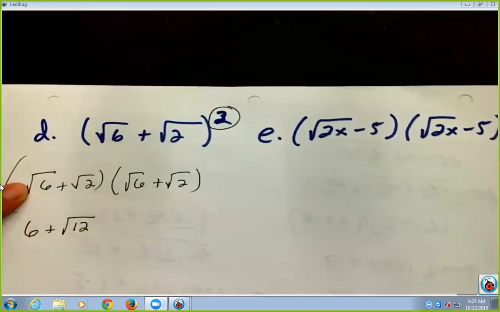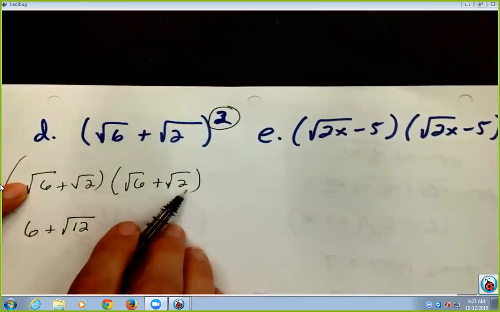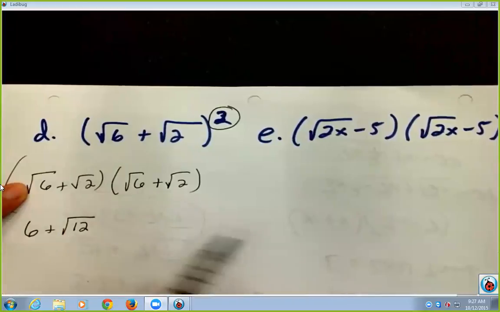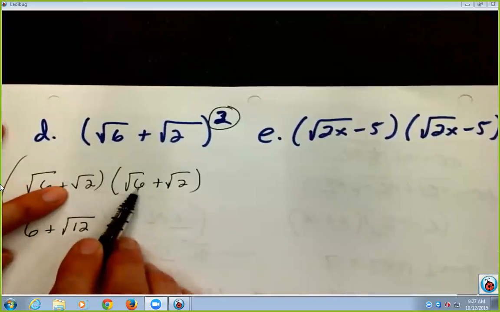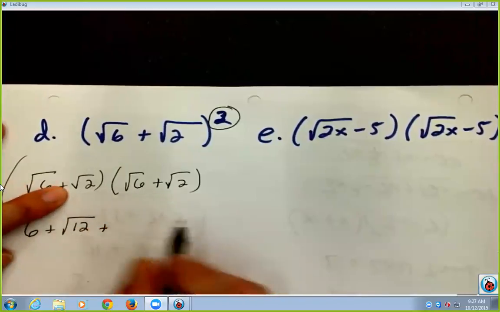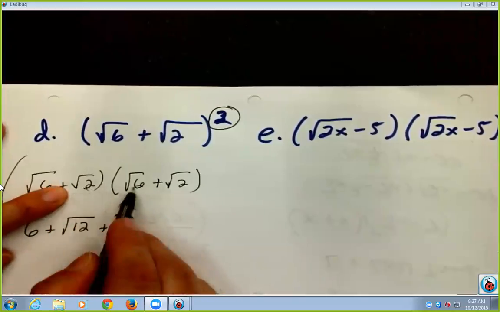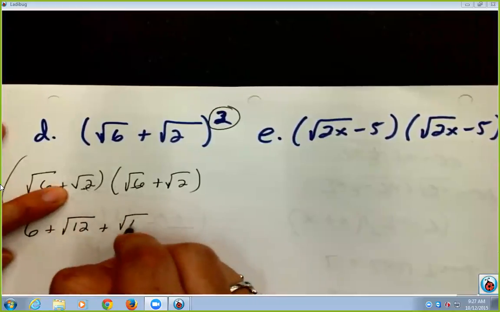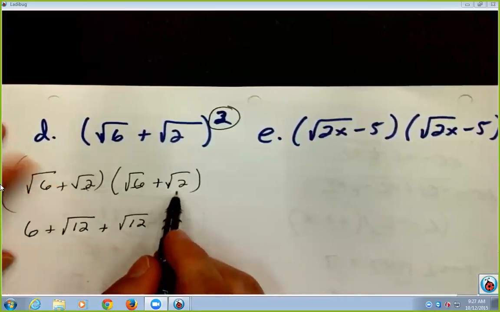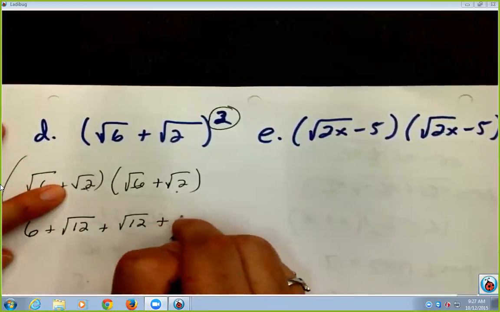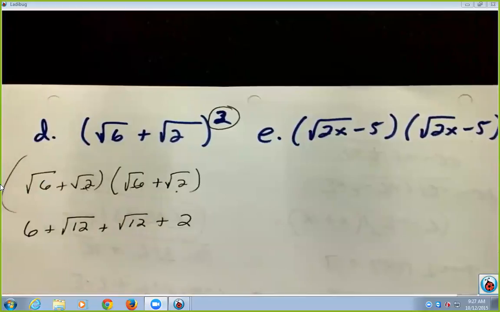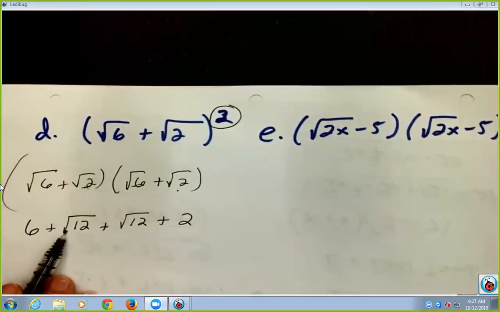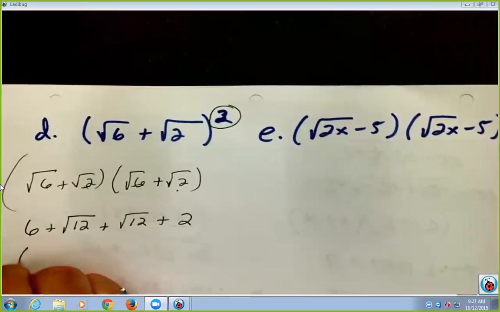And we're going to leave it sit there for right now, because all we're doing is just the foiling piece. And then if we have to come back and adjust stuff, we will. 2 times 6 in this case. All we do is multiply the radicands together and I get the square root of 12. And last, square root of 2 times square root of 2 is 2. But the square root of 12 can be reduced, because I can pull a 2 out, leaving a 3.